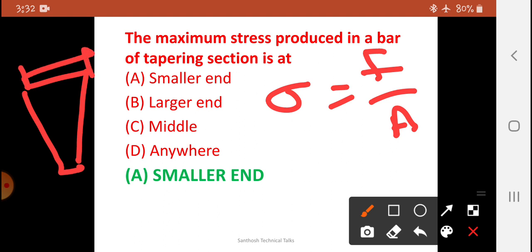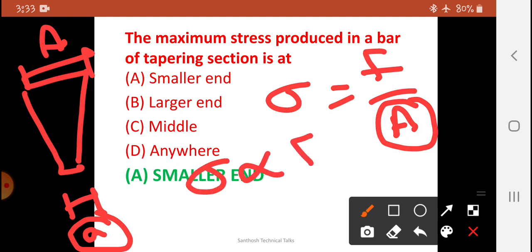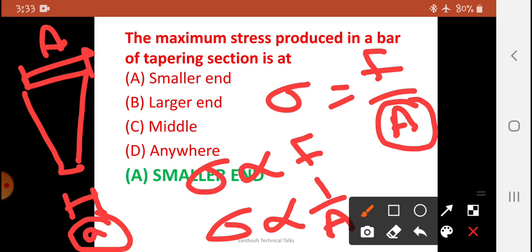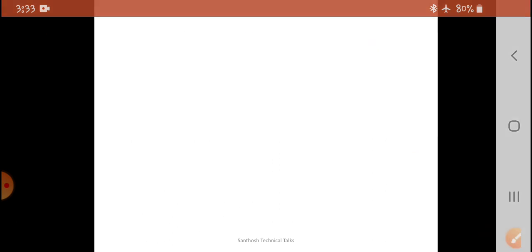At the larger end, the area is capital A, and at the smaller end, the area is small a. Therefore, the area is minimum on the smaller side, so maximum stress happens there. Stress is directly proportional to force, whereas stress is inversely proportional to area. If the area is reduced, your stress will be more. This is the relationship between the stress and the section.